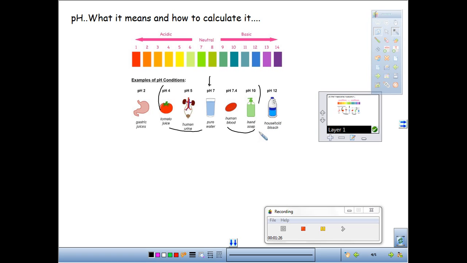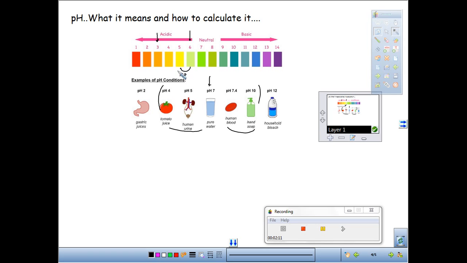The biggest misconception is this. Some people think, okay, so if I have a pH of 6 and I have a pH of 3, pH of 3 is half of 6, so it must be twice as concentrated if it's becoming more acidic. That's not correct. That's a big misconception. Because it's a log 10 scale, here's what happens. If you have a pH of 6 and go to a pH of 5, the 5 is 10 times more concentrated.